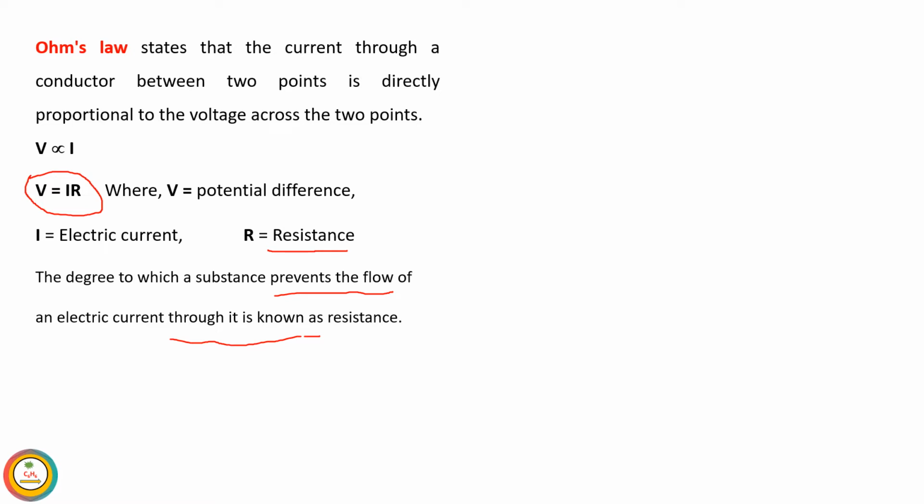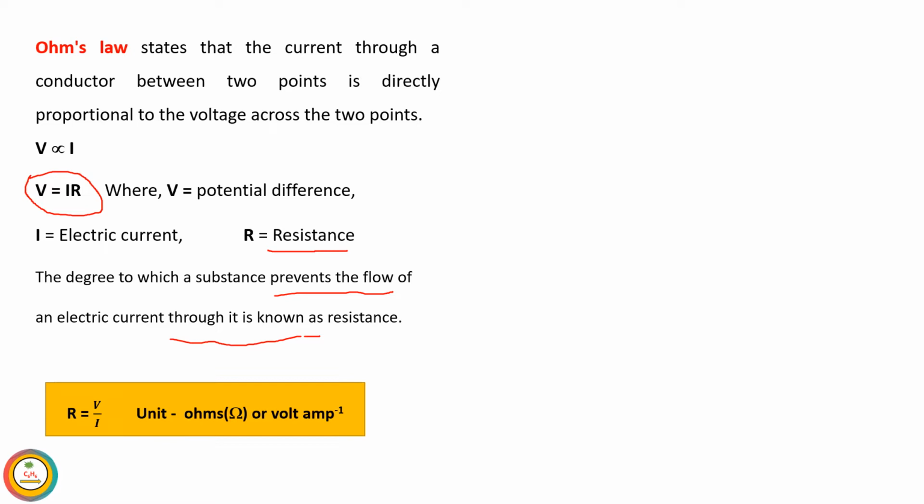So resistance is the degree of opposition, the degree of opposing force that doesn't allow the flow of electric current. From the equation V equals IR, R equals V upon I.